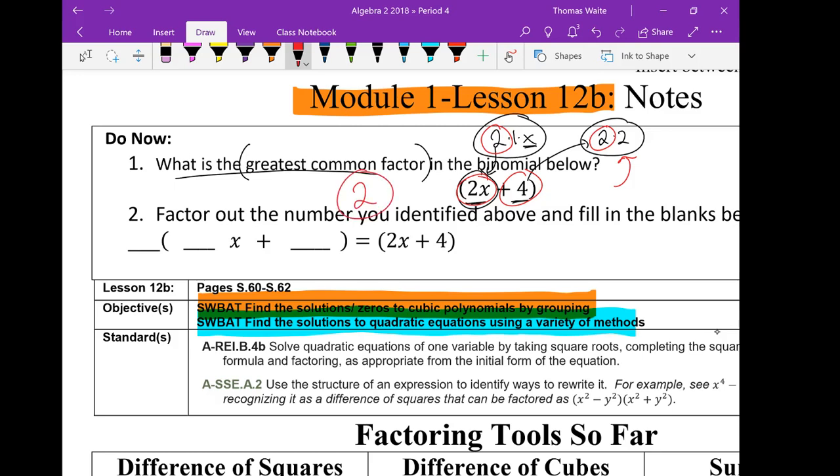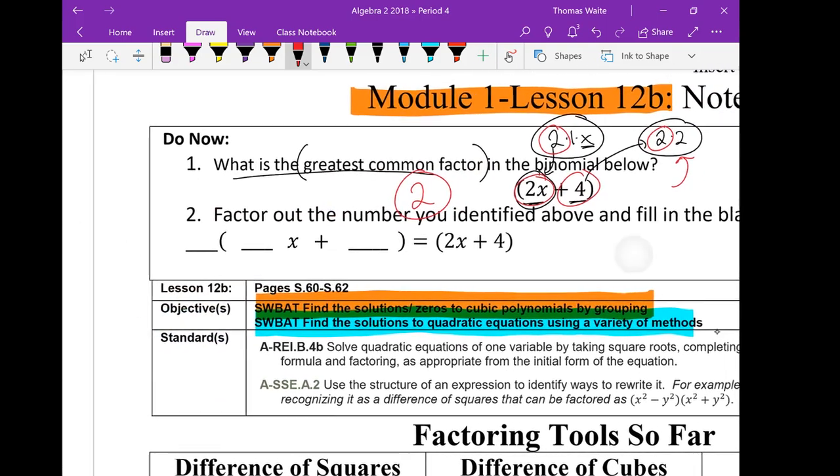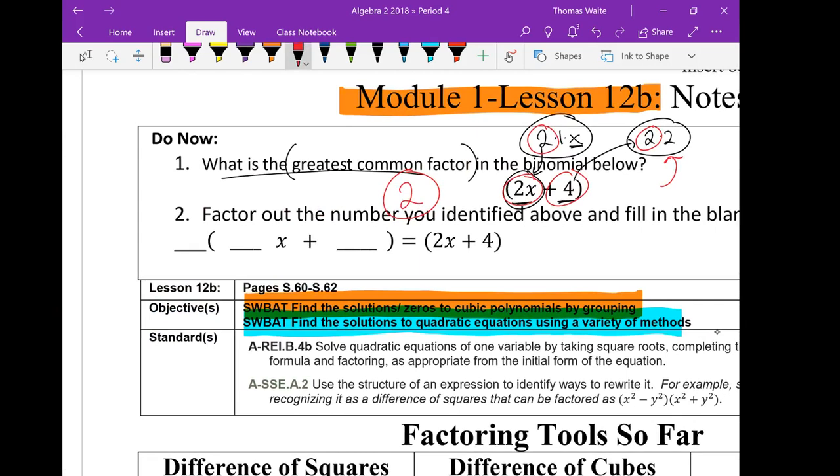It says factor out the number you identified above and fill in the blanks below. So now that we know 2 is a factor, we want to pull it outside. So we want to imagine dividing it out of both of our terms. Let's find, for this first term, 2x divided by 2. I know that the 2 and the 2 are going to divide to just 1x, plus 4 and the 2 will divide to 2.